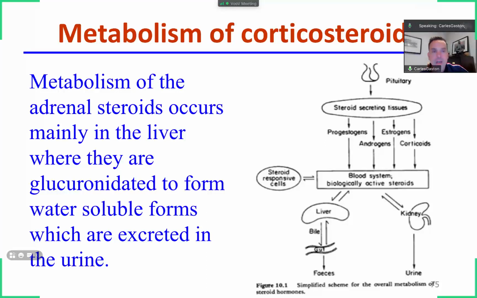So we have the pituitary gland. The pituitary gland stimulates the steroid secreting tissues. Within these steroid secreting tissues, remember we have several: progestogens, androgens, estrogens, corticoids. They travel in the blood system, they activate biologically active steroids and target different organs.